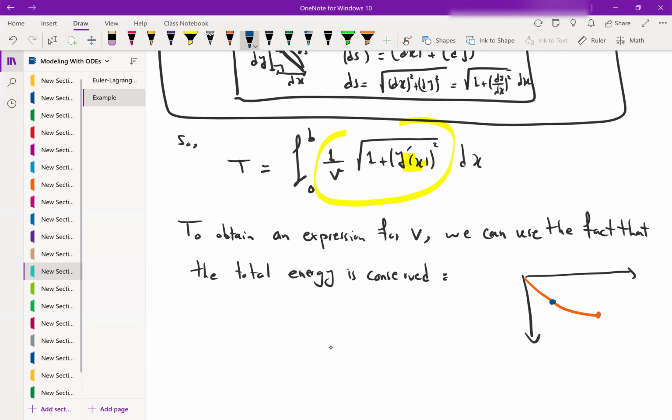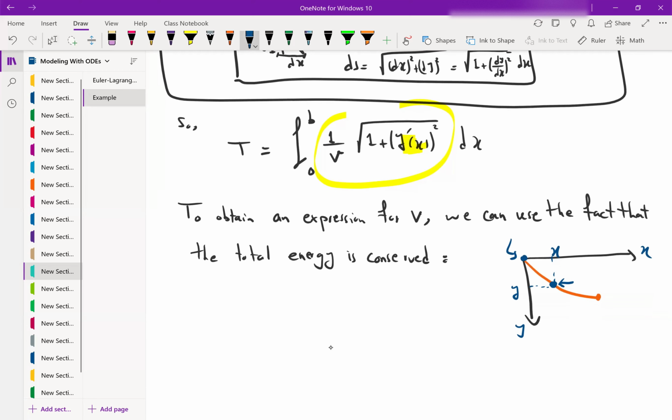So if you give me any point with coordinates y and x, the total energy here must be exactly the same as the total energy at the origin. So I'm going to write the kinetic energy. Let's say that it is at this point at time t. Here we are at time t equals 0.